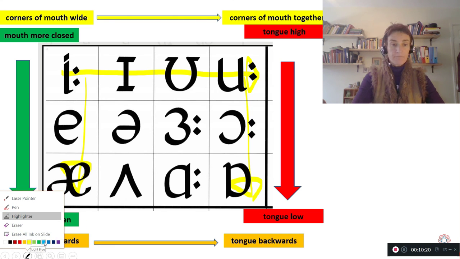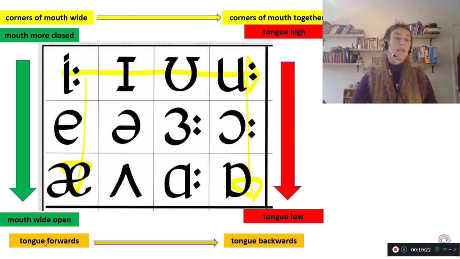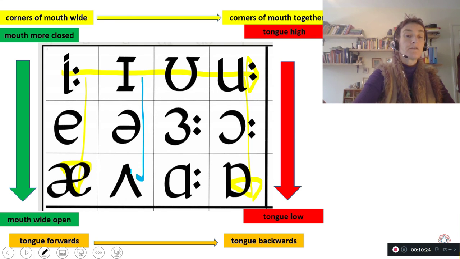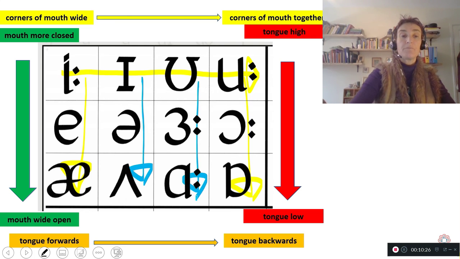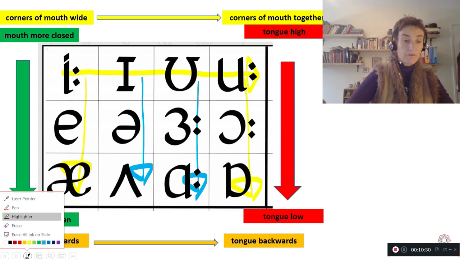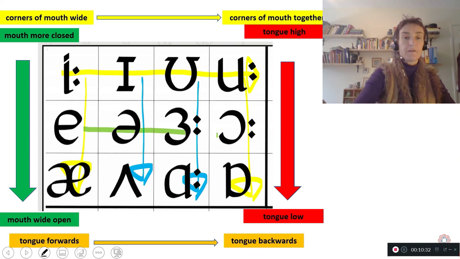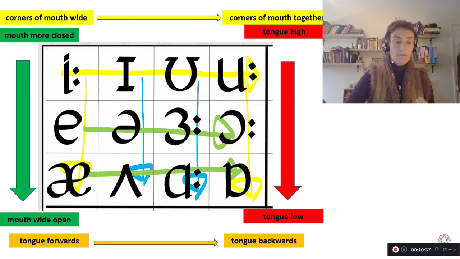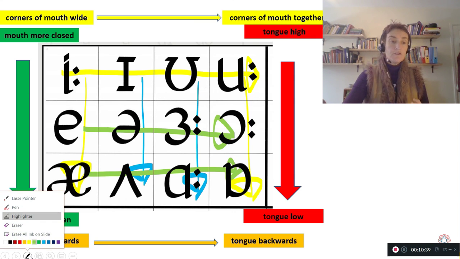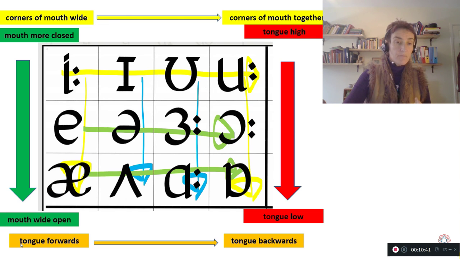When you feel comfortable with that, you can start playing around with the ones in the middle. So obviously you can do them going down, and obviously you can also do them going across, like that. Doesn't really matter.